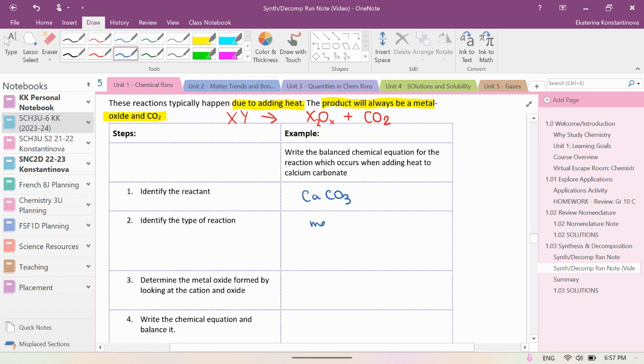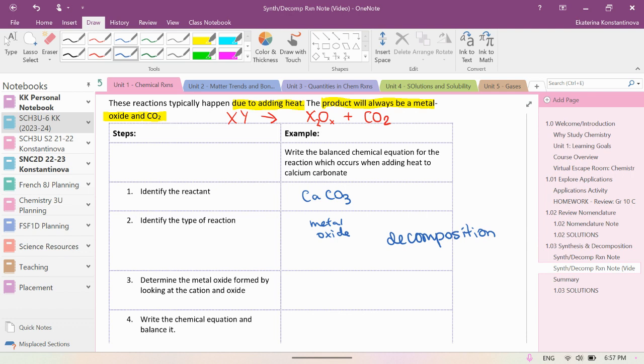Well, we see this is a metallic oxide, so we know this is decomposition. That should indicate to us it is breaking up into carbon dioxide and its metal oxide.